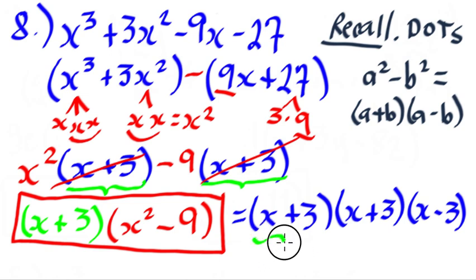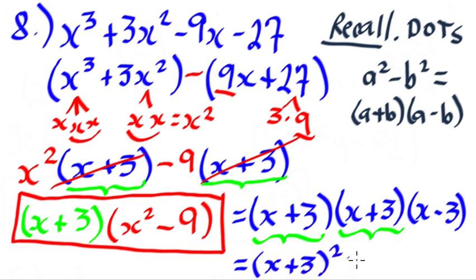So we have this one and this one. If you want, you can simplify even further. Actually, this can be the last answer, but if you would want, we can say x plus 3 quantity squared times x minus 3. And I think I'll end here in this number.